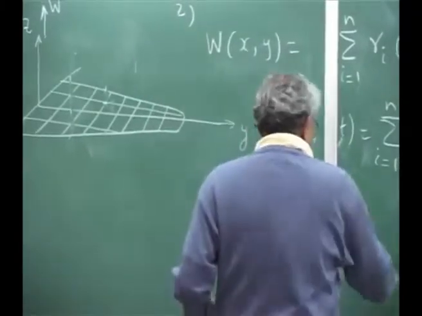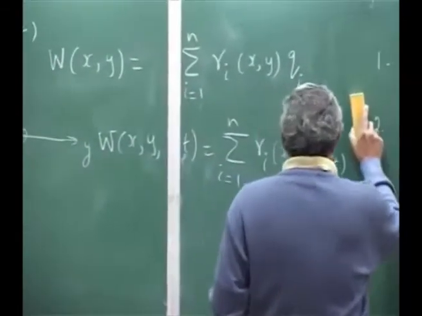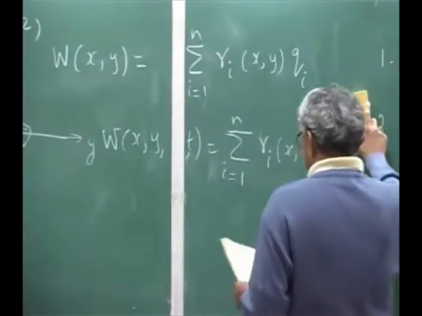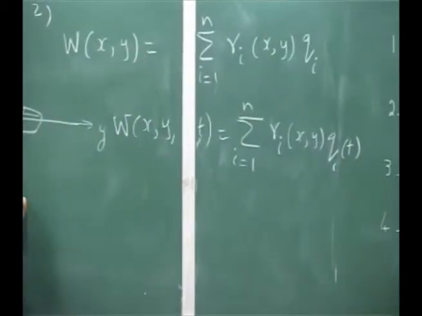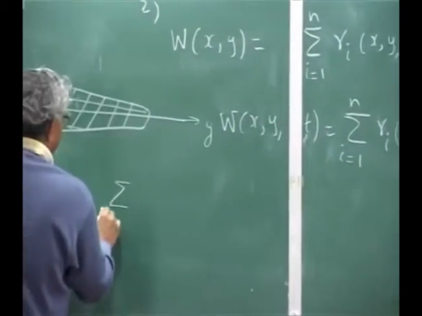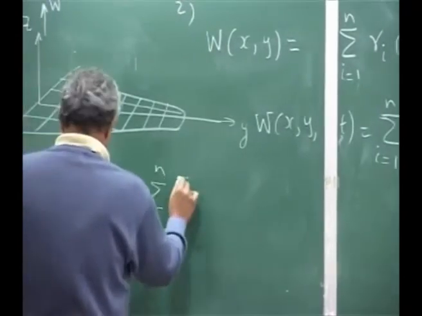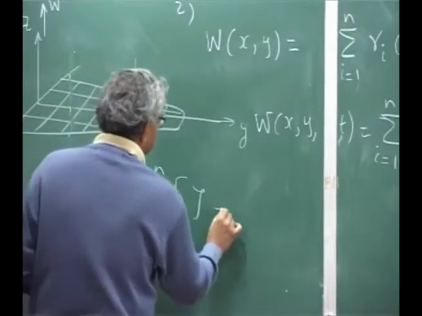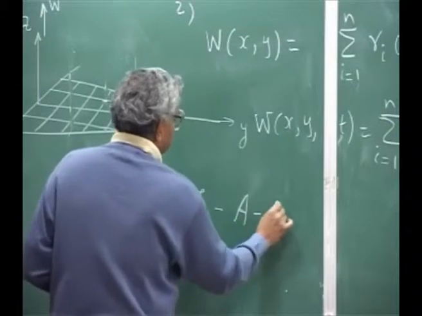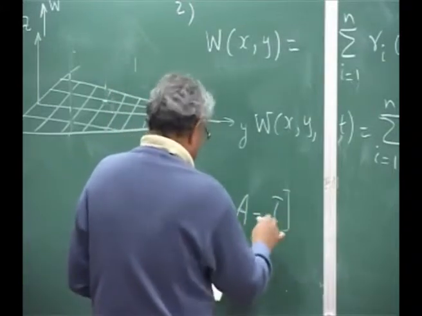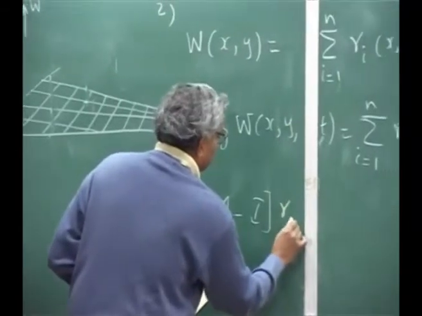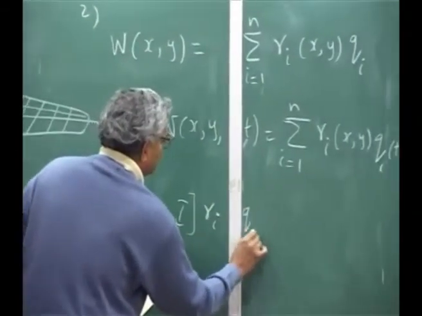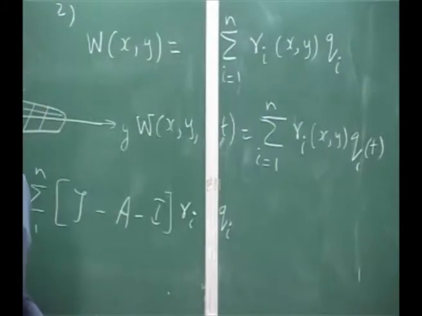So I can make a grid like this, and then I will write that equation here. When I substitute this in the aeroelastic equation, it will be i running from 1 to n. You will have the structural operator, aerodynamic operator, inertia operator operating on gamma i q i, right?